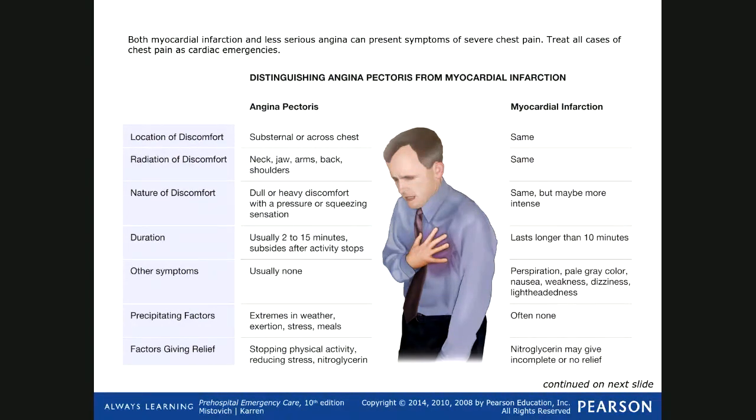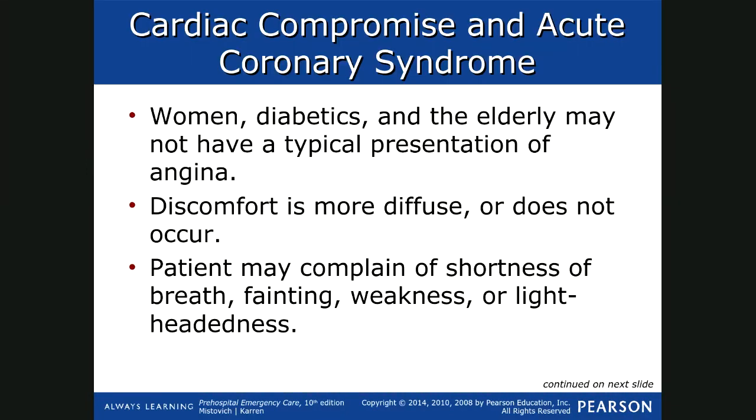So they're probably having an MI, not angina. Factors that give relief: typically if they stop the activity or they take nitro or both, with the angina, the pain will go away. However, with the MI, you may get some relief, but the pain's not going to go all the way down to a 0 like it would with angina.